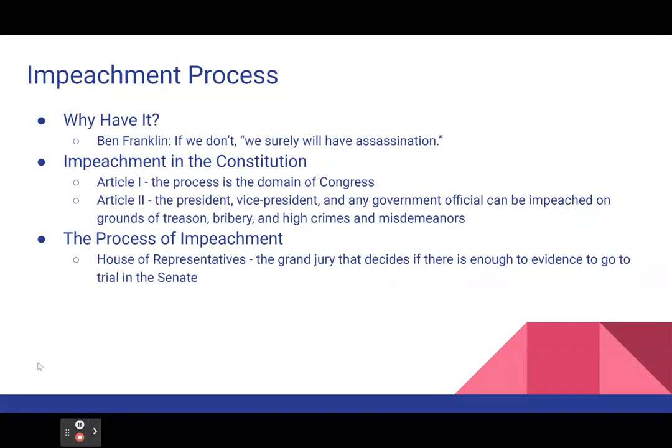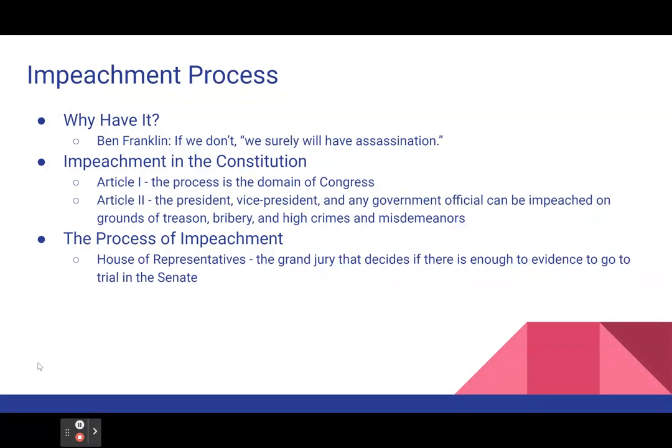It is really embarrassing to have an impeachment trial. There is nothing to boast about for either party, because you are talking about whether it is the president, the vice president, or any official. It is something that is aired for all the world to see. So it is quite embarrassing, to be frank.